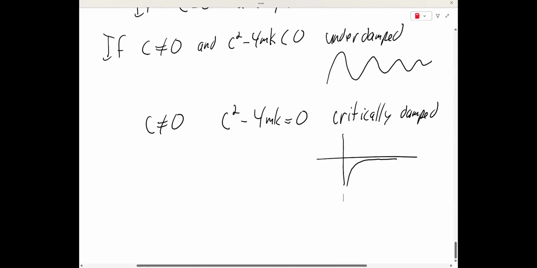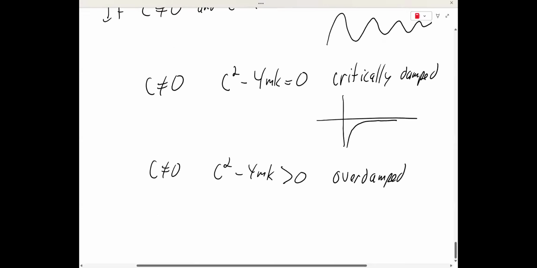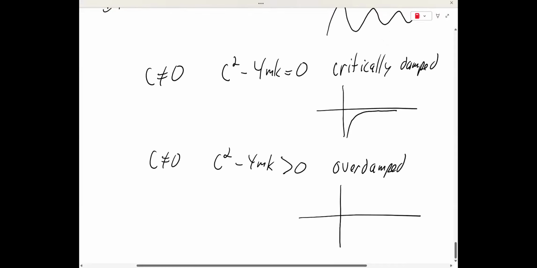And there's another one here. If c is not equal to 0, and this thing here is greater than 0, then it's called overdamped. It's like critically damped, but it doesn't go as fast. It's more like this.